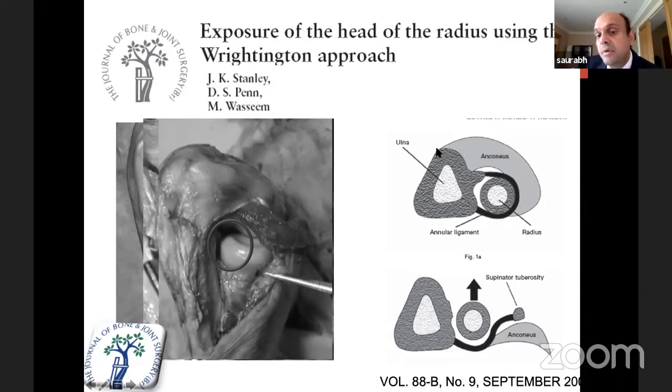That's my posterior interval, my posterior Boyd approach. So lift off the anconeus, like we have lifted off here. Then I can visually take this annular ligament away, reduce my radial head, and reattach my anconeus. So that's your posterior approach, your Boyd approach.